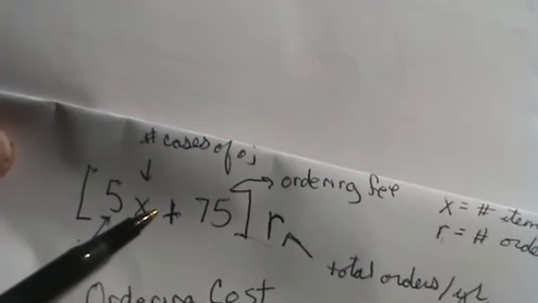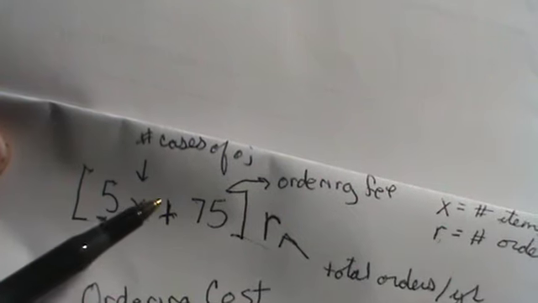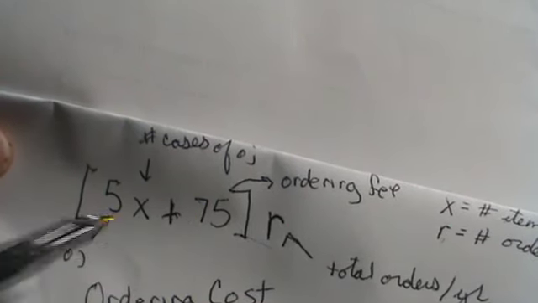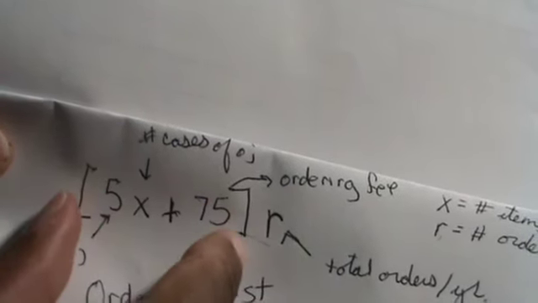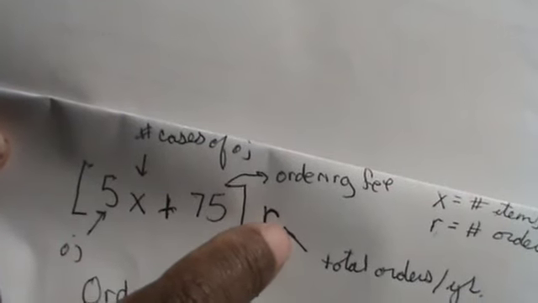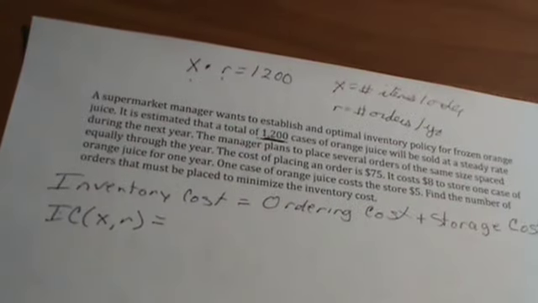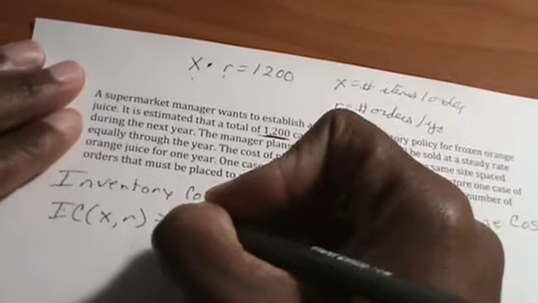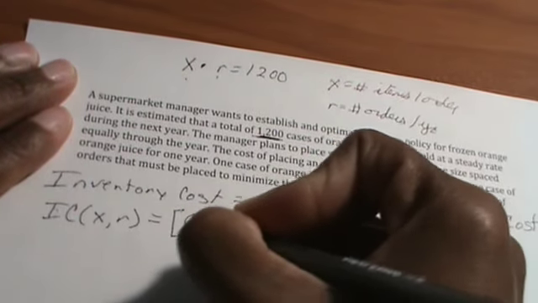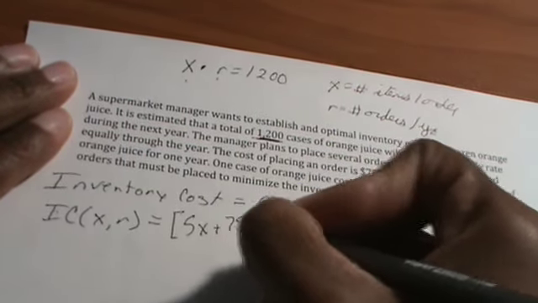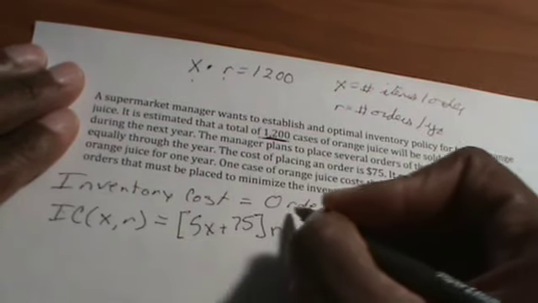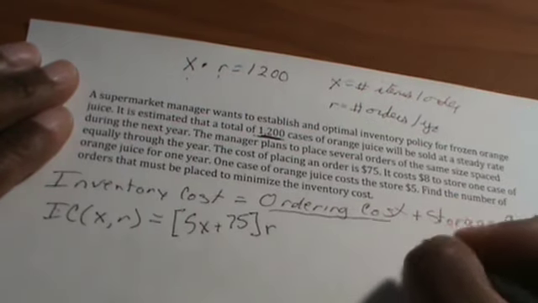So it's kind of like the Jimmy John's example with the tip. There's the $75. And so you want to take that entire thing and multiply it by however many orders you have. All right, so I'm going to take that and plug it right here. So this is 5X plus 75, all that times R. This is the ordering cost.